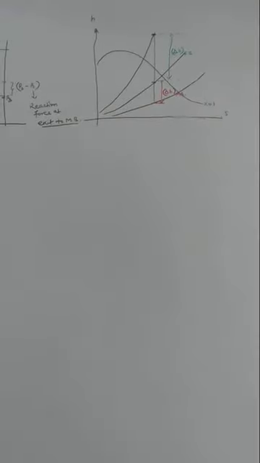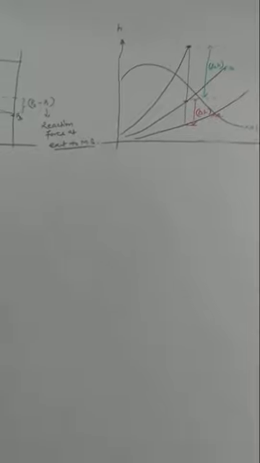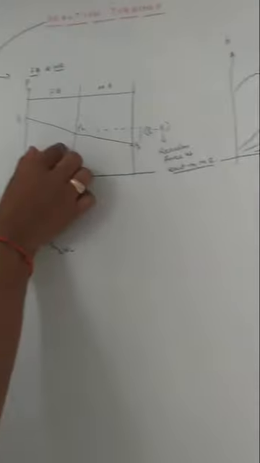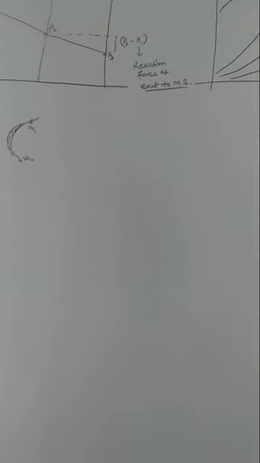Okay, so enthalpy drop takes place in the fixed blade as well as in the moving blades, whereas in the impulse turbine the pressure or enthalpy drop takes place only in the fixed blade. This is the major difference in the reaction turbine.